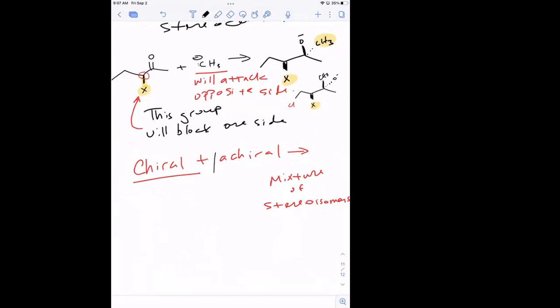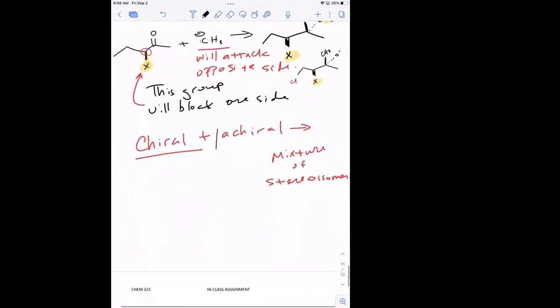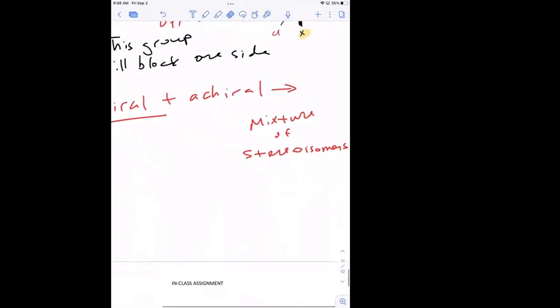You want one stereoisomer out of 64, like we talked about. So here you're going to get both of these products, but not in equal amounts. That's the concept here, where you take something chiral and react it with something achiral, and you get what's called a mixture of stereoisomers. So you're going to get some R and some S, right?